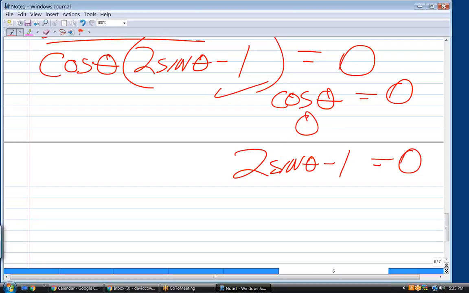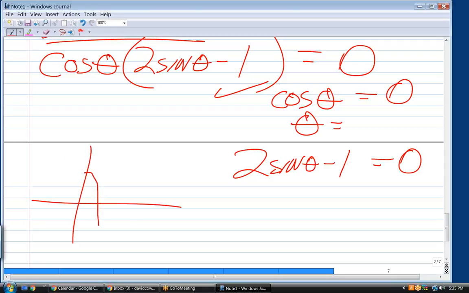Where is cosine of theta equal to 0? In the unit circle, in other words, in the domain they gave us, which was 0 to 2 pi. There's the curve of cosine of theta. Where's it equal to 0? I know it's equal to 0 at 90 degrees and 270 degrees.